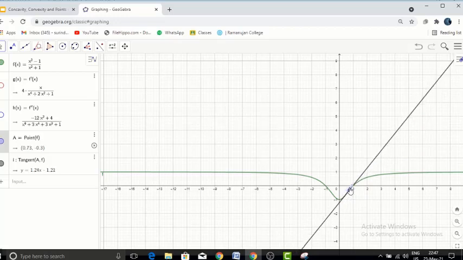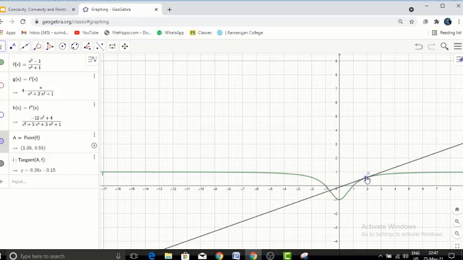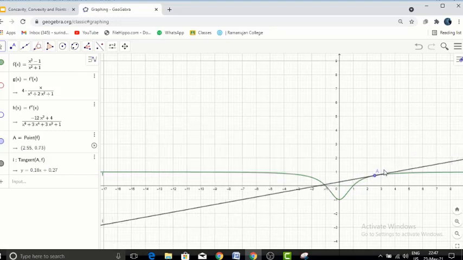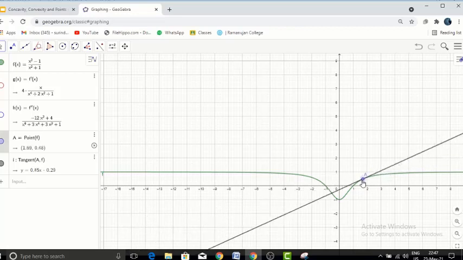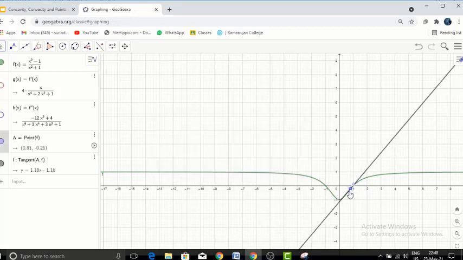As we move upward from this point, the branch of the curve is below the tangent, so the curve is concave downward. Again look, up to this point the curve is concave downward.